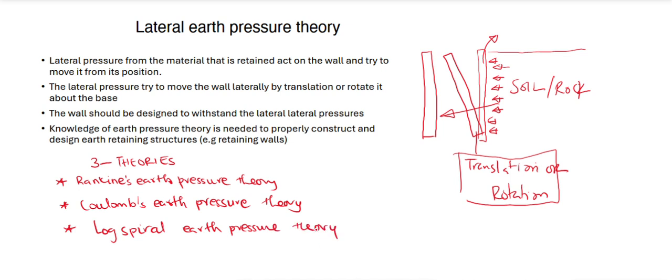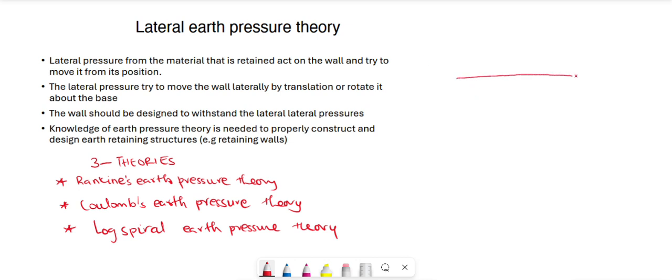Now, we know that if we have a soil layer and we take an infinite section of this soil layer, let's say this portion of the soil layer, it's easy for us to determine the effective geostatic stress, that is the vertical stress that is acting on this soil layer.